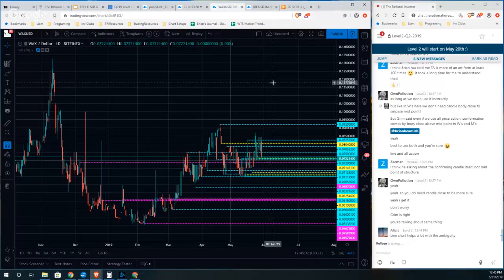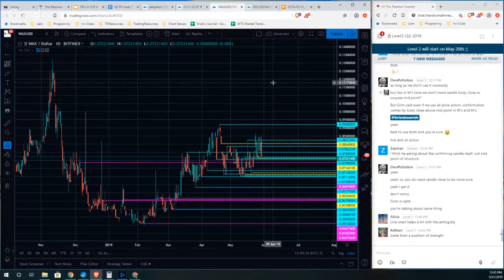Horizontal support and resistance works absolutely much better in liquid, thick, institutional participation, i.e., stock indexes, futures contracts, forex, than off of highly speculative names.